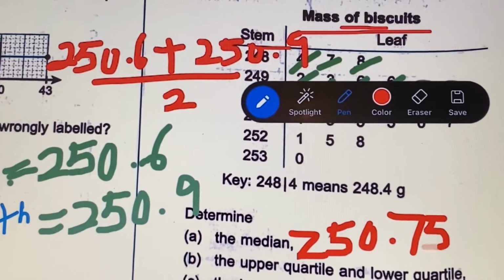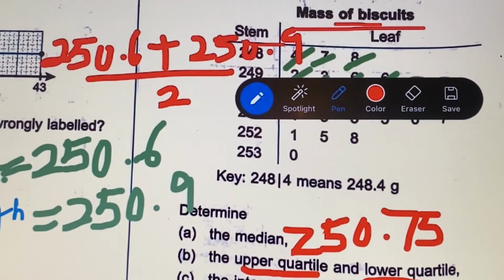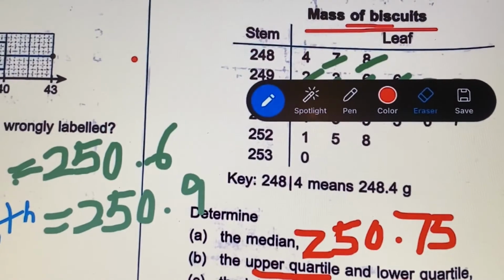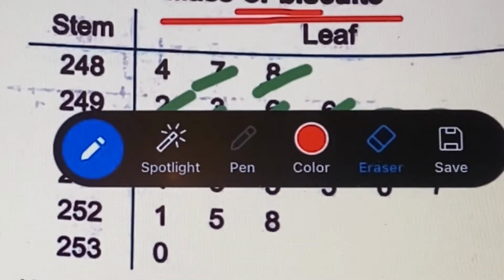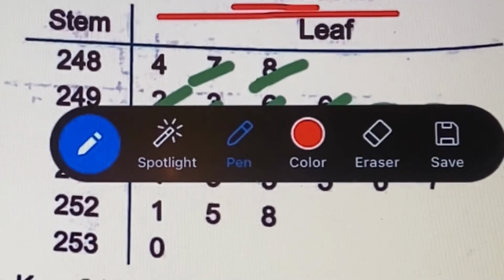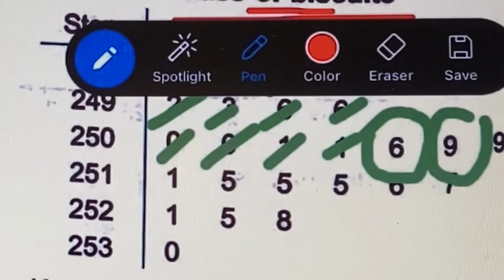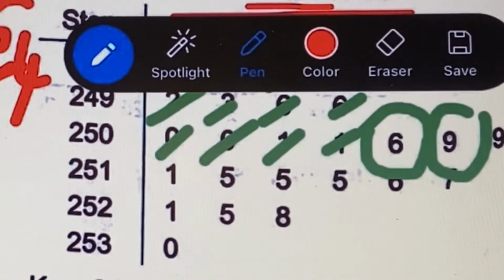Got it? Okay, in order to find the upper quartile and lower quartile, upper quartile is Q3, right? Let's see how to find Q3. We have 24 data, right? Q3 is 1 over 4 times 3, three quarters times 24, right? So we have the 18th.